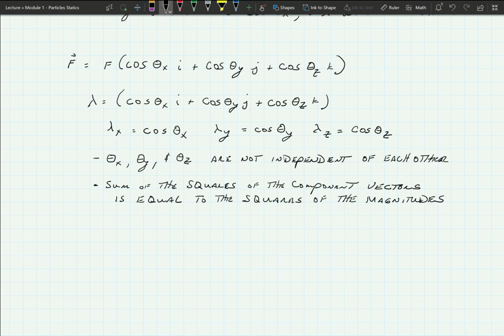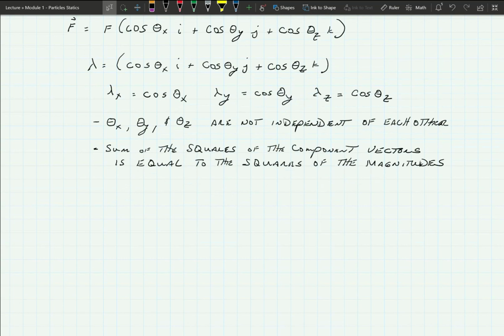But basically we know that. We've already done this with two-dimensional. It's not anything different here. So lambda x squared plus lambda y squared plus lambda z squared will be equal to 1.